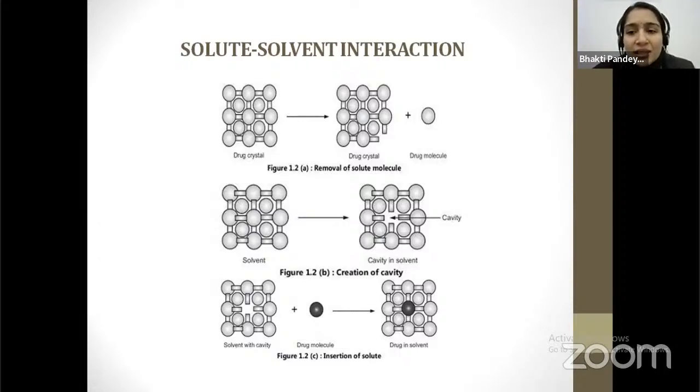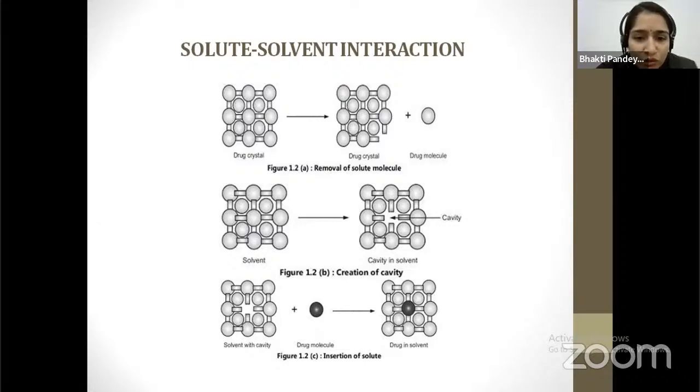What is the solute-solvent interaction? How will solute and solvent interact with each other? First of all, there will be a removal of a solute molecule. In this slide we have a drug crystal, and a solid drug molecule will be released from it in the first part.